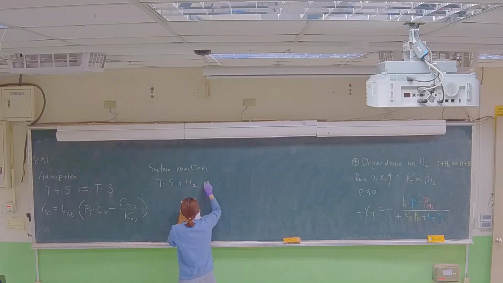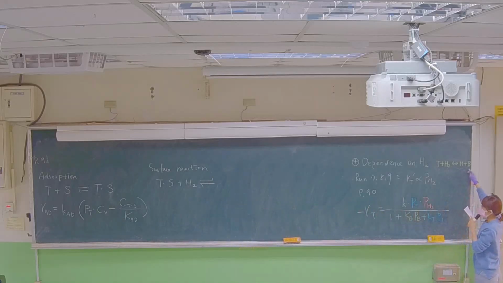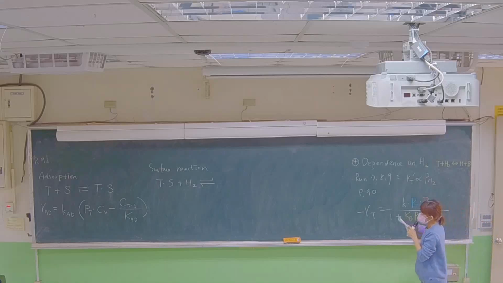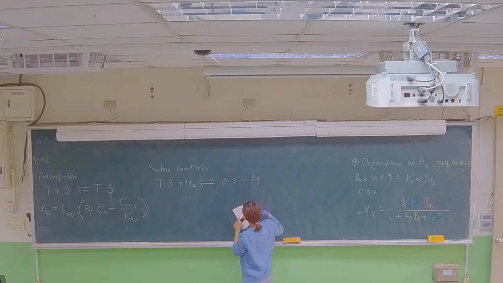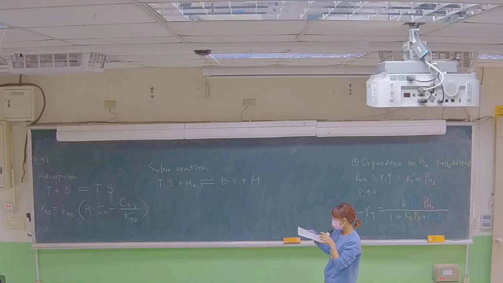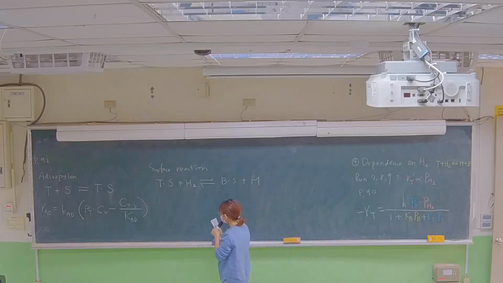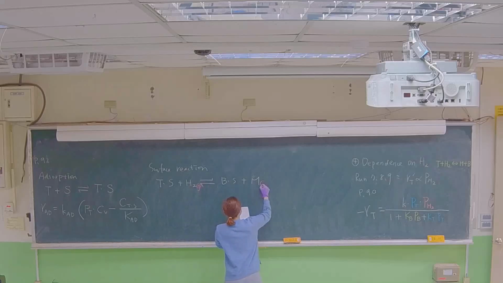And then finally we got M and B, and you know B is adsorbed on the surface, so we have B·S and M. Okay, and also maybe you can show me that it is in the gas form.